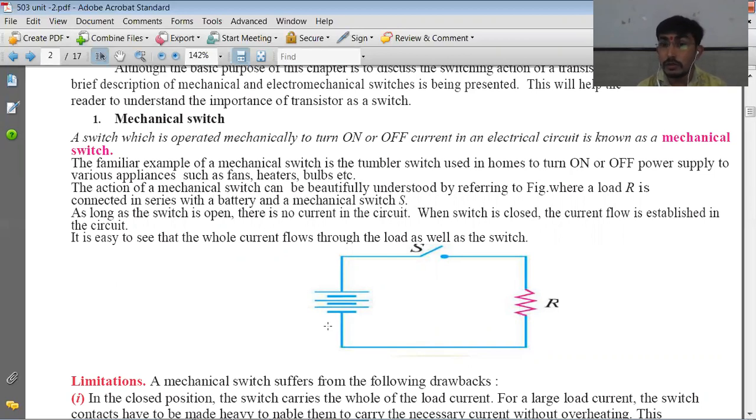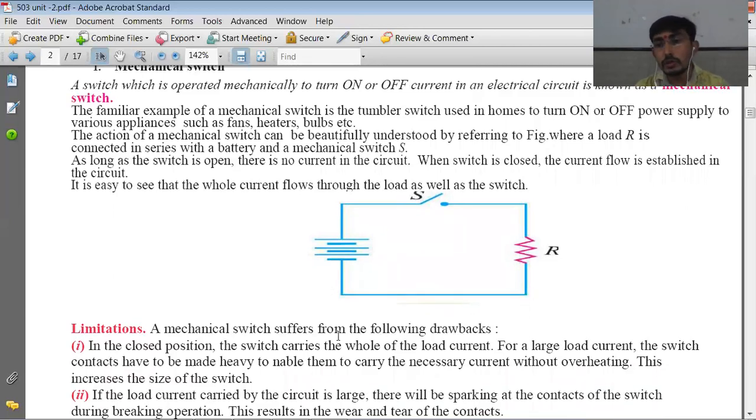When the switch is closed, a current will be established in the circuit, and the whole current will flow through the load as well as the switch. So this is the mechanical switch. We mechanically operate it to turn on and off the power to the electrical circuit.